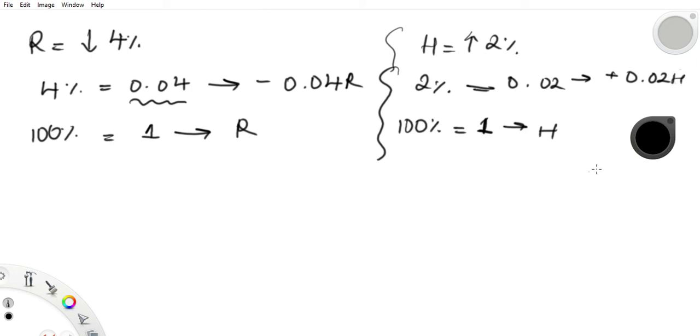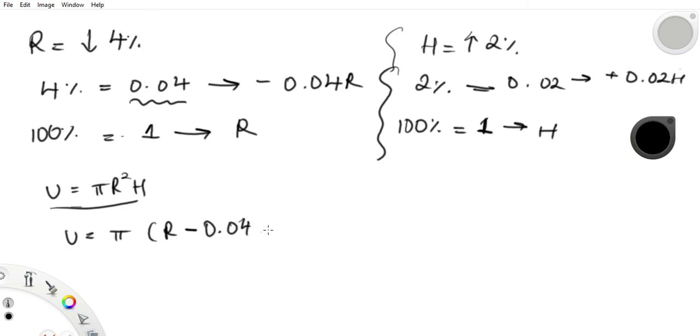That's an h. So my original equation was pi r squared h. Now it's transformed into something like r, the original, minus 0.04 r, squared, because it was squared, and these are all multiplied against each other, times the original height plus 0.02 h.